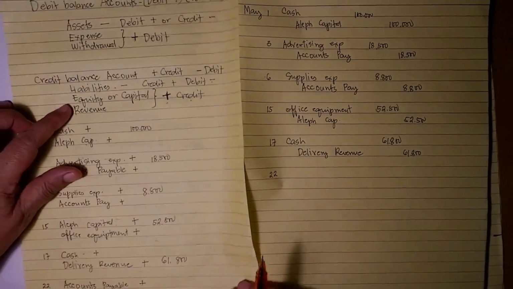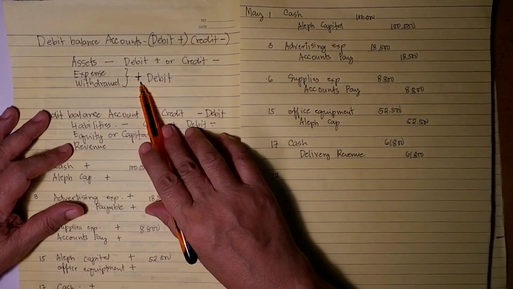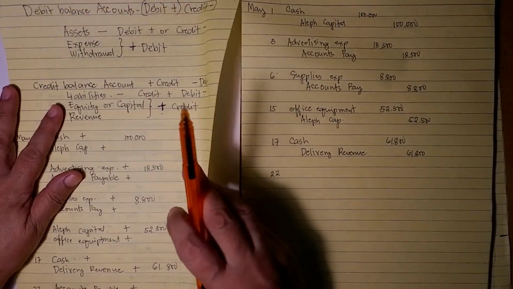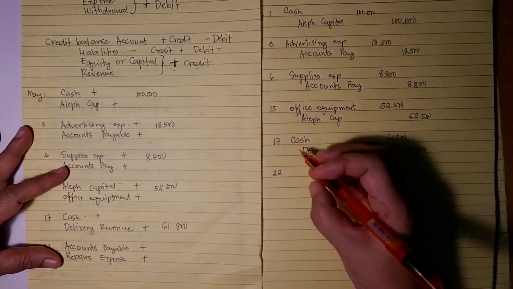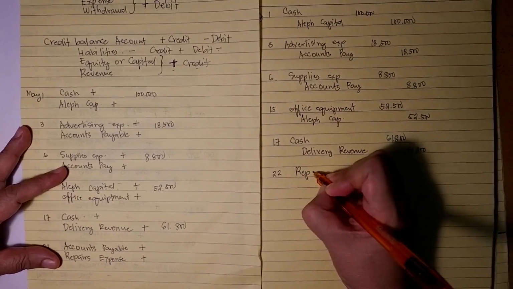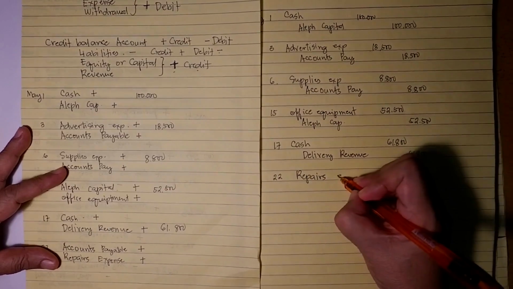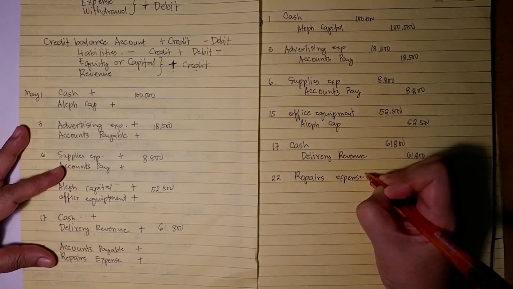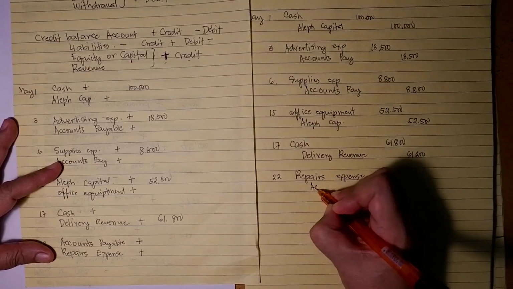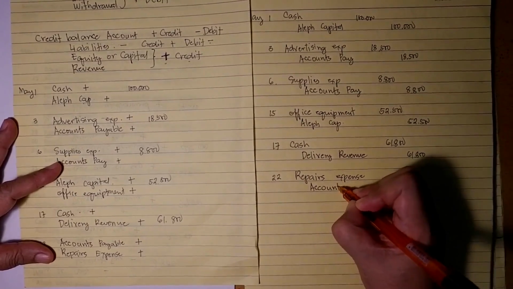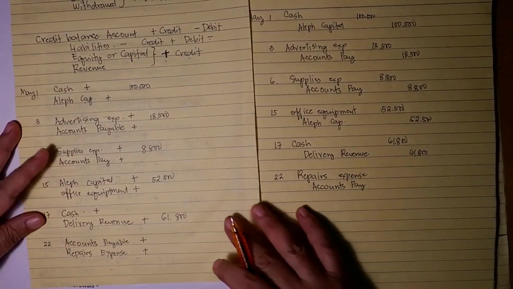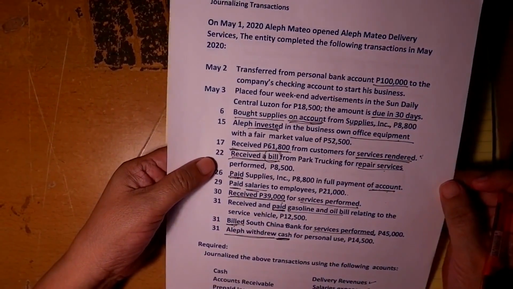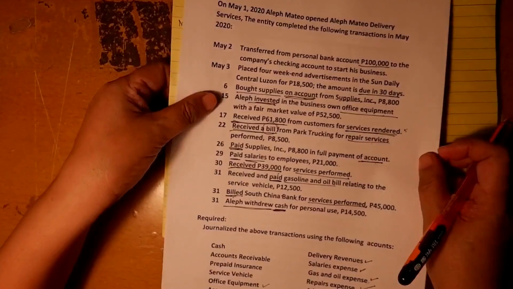Again, in our guide, expense is always debit. It is always plus. So we have to record our expense first because it is debit. So we have repairs expense and we have accounts payable. That is 8,500.